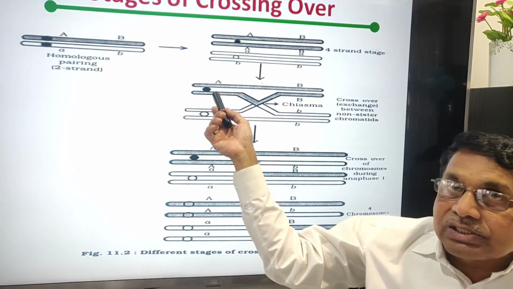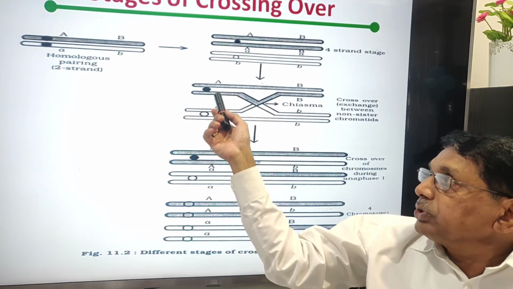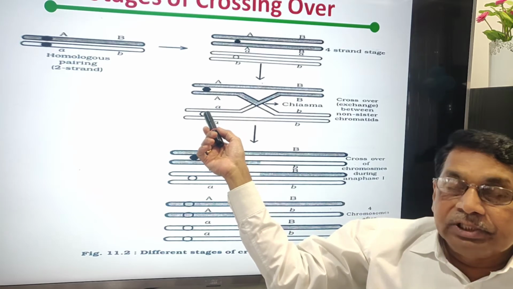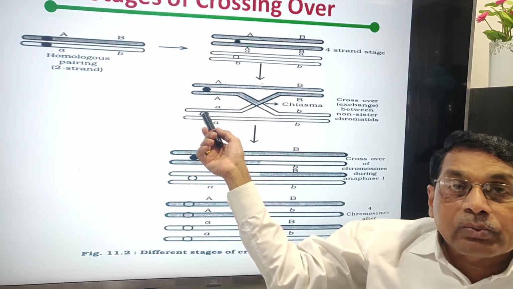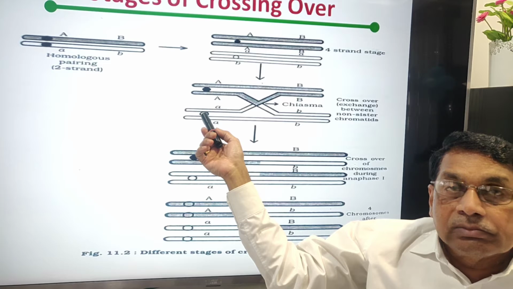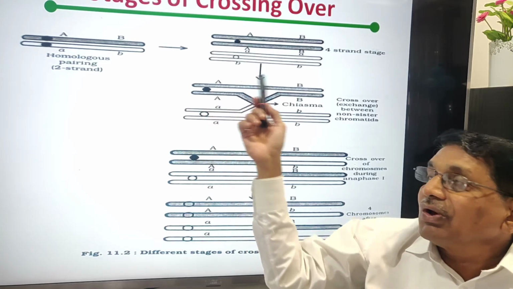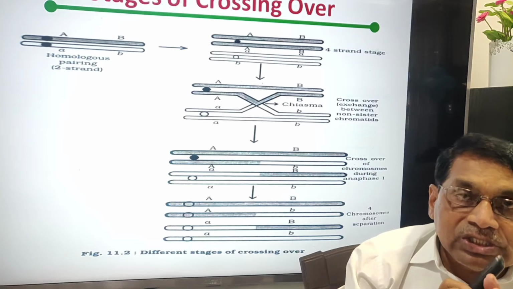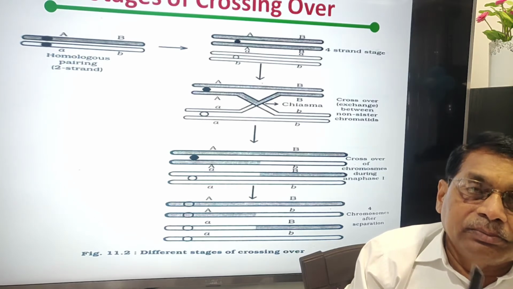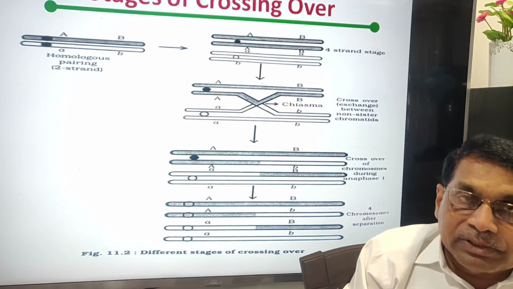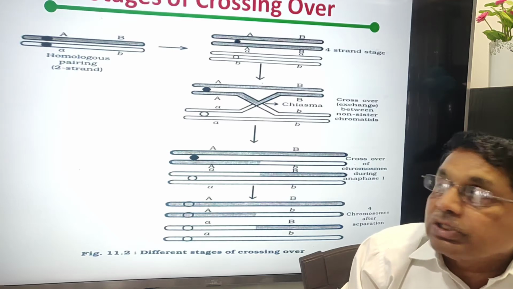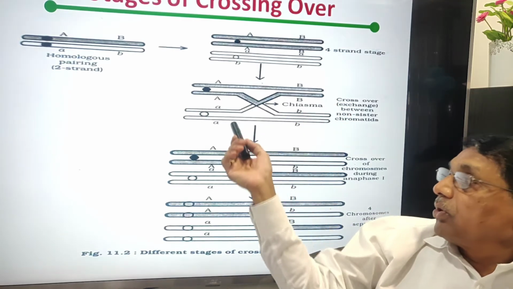These two are sister, these two are non-sister. They belong to two different chromosomes. These two are sister, but these two are non-sister. Exchange of chromatid pieces, fragments between non-sister chromatids is crossing over.